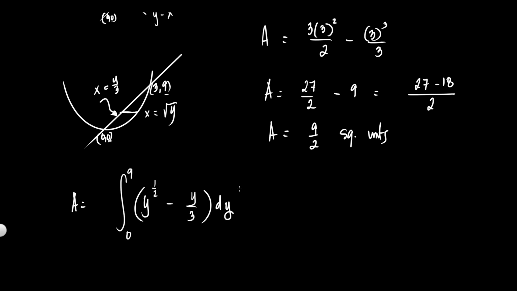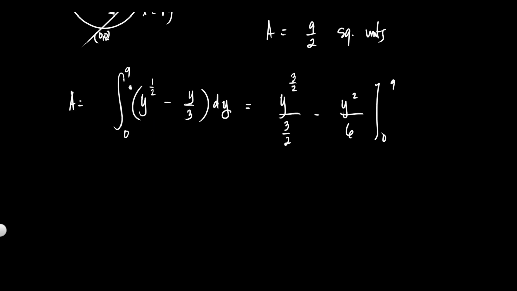So, this is equal now to, integrate y raised to 3/2 over 3/2 minus y squared over, 3 times 2 is 6, limits 0 to 9. Then, the area is equal to 2/3 times y raised to 3/2 minus y squared over 6, limits 0 to 9. Upper limit lang may value, yung lower limit, 0.